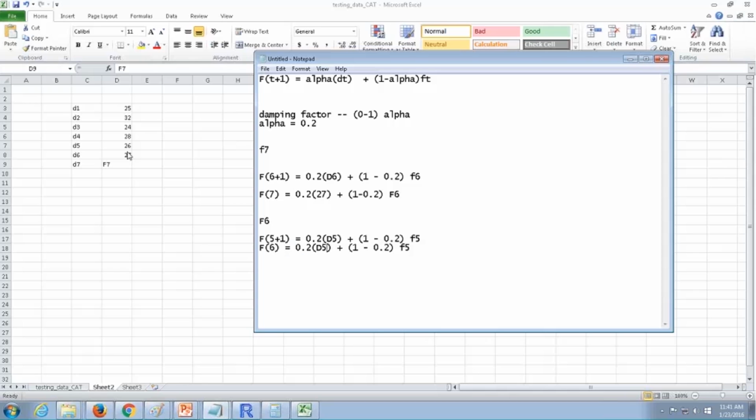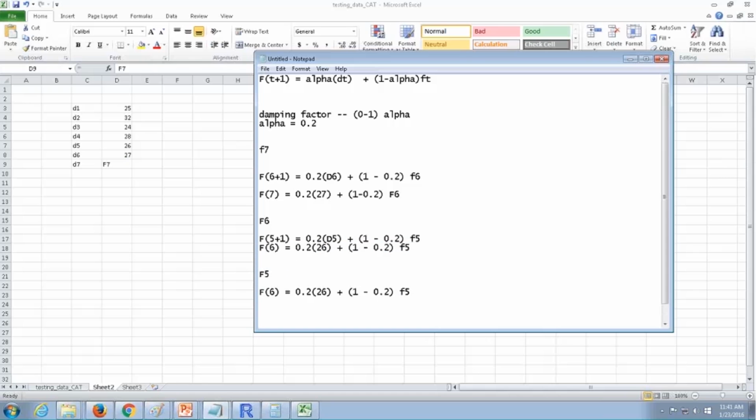D5 is 26. So here I need F5. Now I need to find what F5 is, right? Because to get F6 I need to know F5. In the same way, this equation keeps on going.